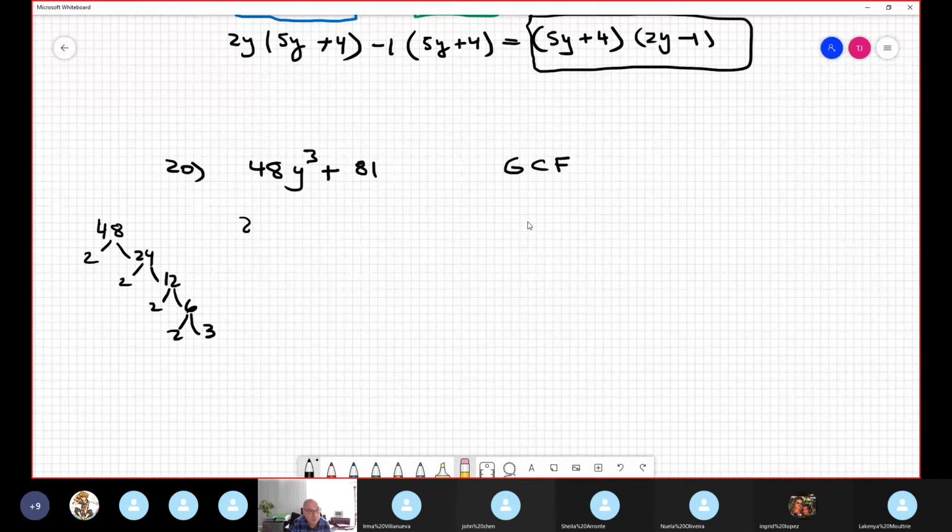And 81 is not divisible by 2, but it's divisible by 3. What is the GCF? 3 is the GCF.